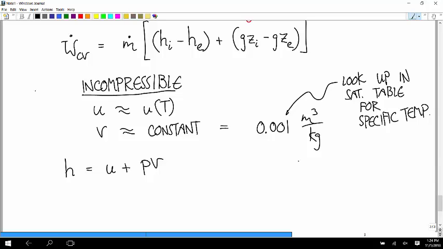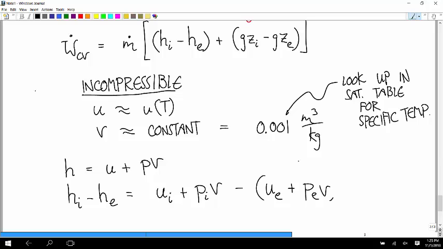And so h_i minus h_e is equal to u_i plus P_i times the specific volume, minus u_exit plus P_exit times the specific volume.